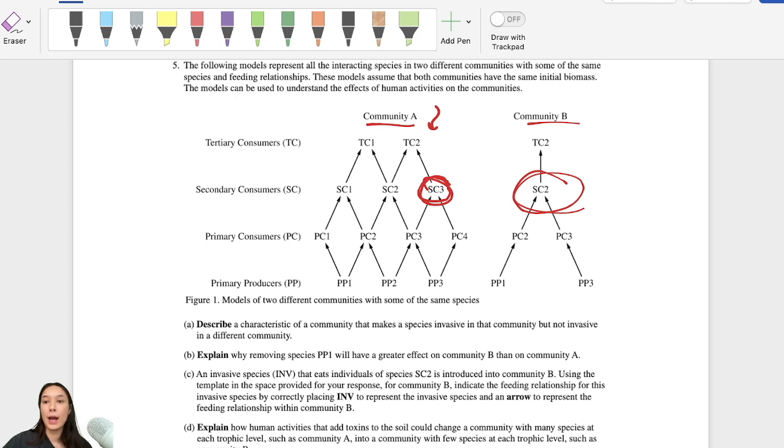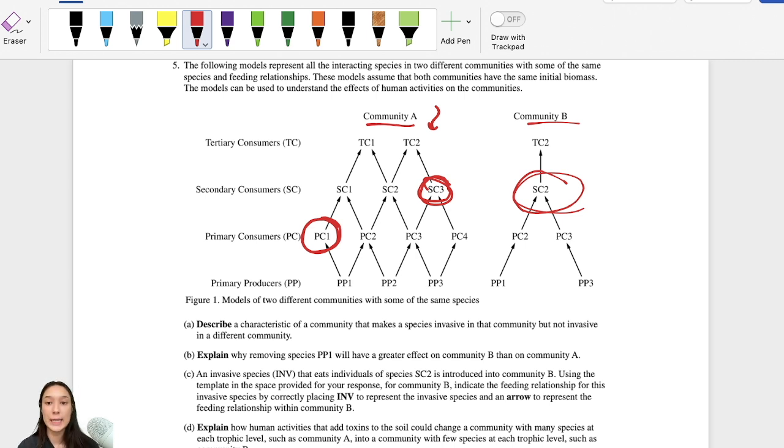So let's say that we bring the invasive species in and it has the same food source as PC1 over here. They both eat a certain type of plant. That means that between the invasive species and PC1, there's going to be competition. So there's going to have to be some level of fitness. They're going to have to fight over resources. So that's going to significantly limit the growth of that invasive species if it's fighting for food with another species.